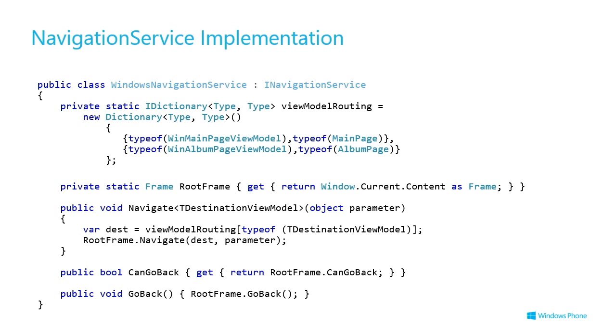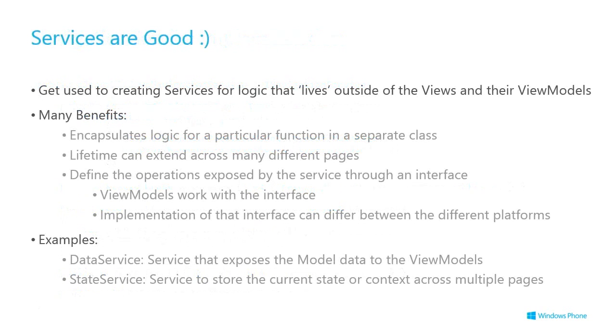Here's a simple example of an INavigationService where we implement methods like Navigate, CanGoBack, and GoBack as a generic kind of navigation model. INavigationService is the interface which simply defines the signature of the methods we have to implement. But the implementation is different on the Windows 8 side than on the Windows Phone 8 side.